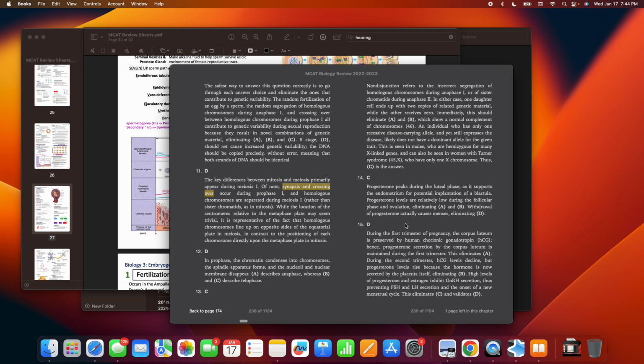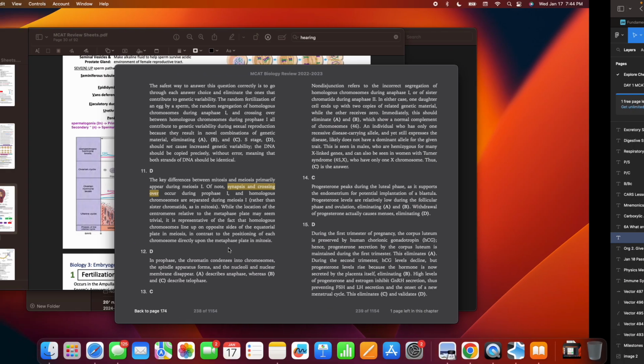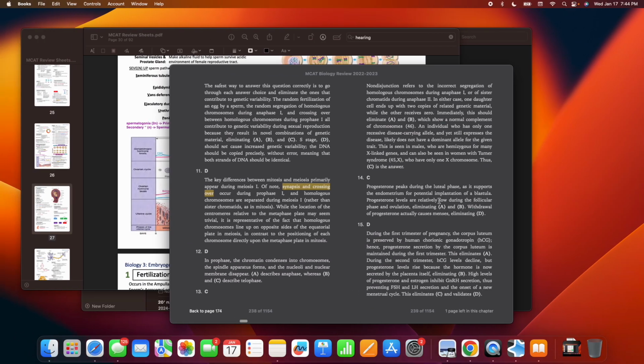Progesterone levels are relatively low during the follicular phase, which is the first phase, not luteal, and ovulation. Withdrawal of progesterone actually causes menses.